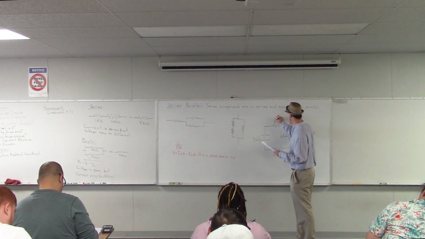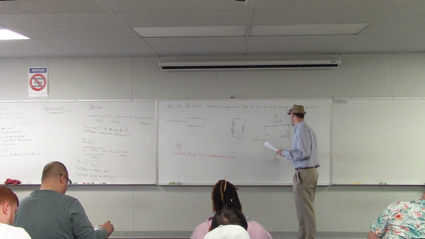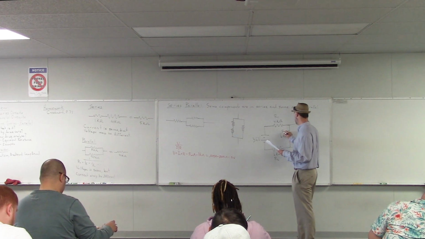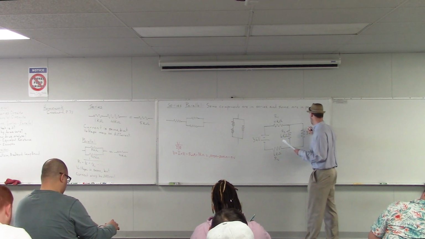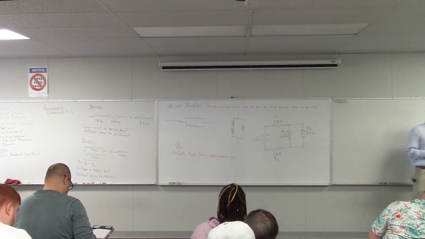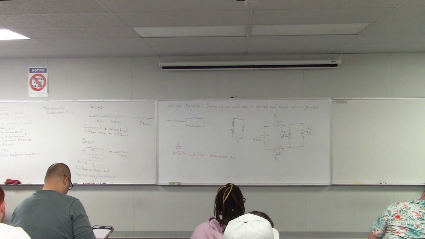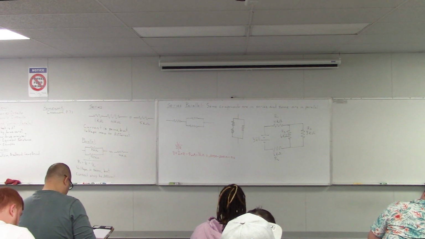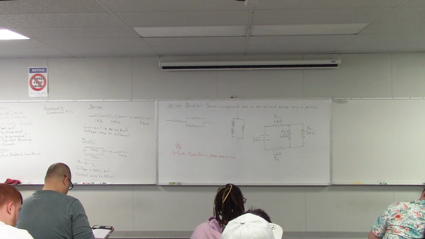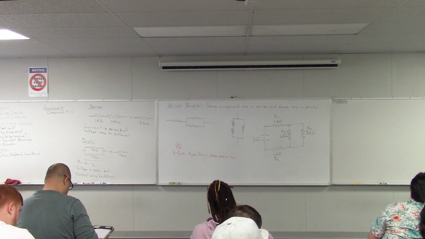So we'll call these R1, R2, R3, and R4. Just like before, we want to find the total voltage, the total resistance, the total current, and then the voltages for all of the resistors, and also the currents for all of the resistors.